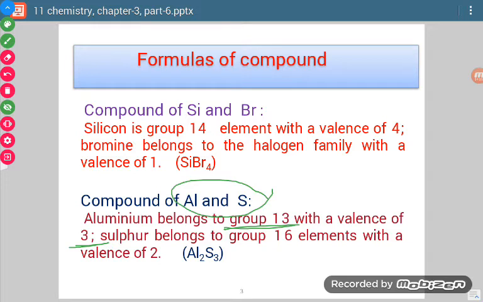Sulfur belongs to group 16 and has valency 2. So 2 atoms of aluminium will combine with 3 atoms of sulfur, and then their valencies will be satisfied. So the compound formed will be Al2S3.